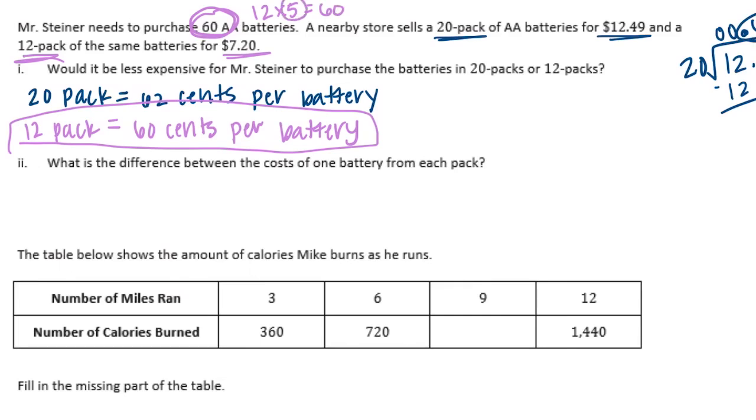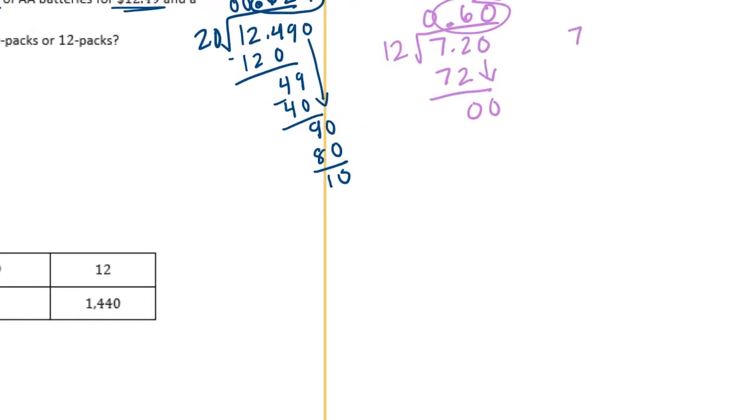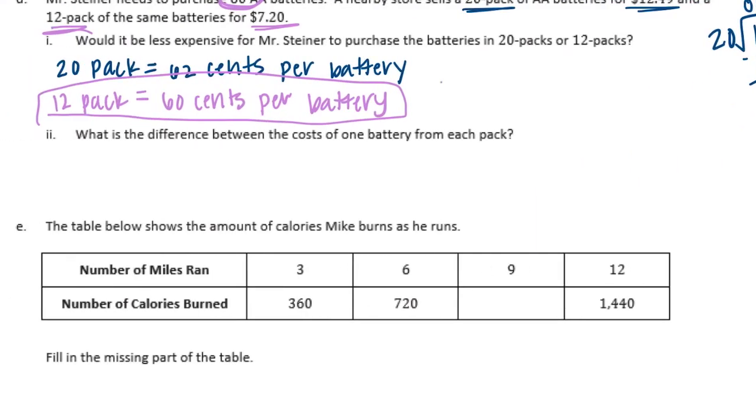So he's going to need 5 packs of the 12 pack, which would be 720 times 5. 7 times 5 is 35, plus 1 is 36. So it's going to cost him $36 for 60 batteries.